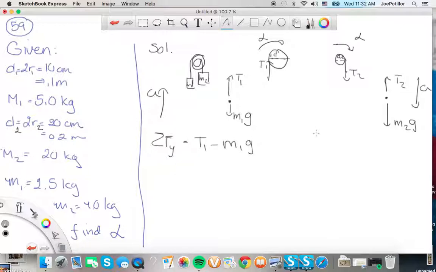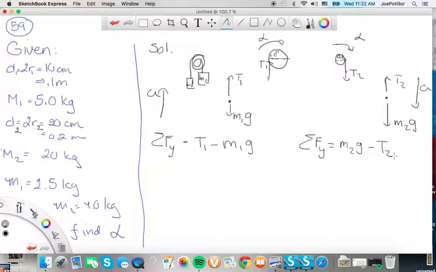Same situation here for this. In the second part will be M2G minus T2. Everybody with me so far? So we're able to see kind of the setup of the problem here?